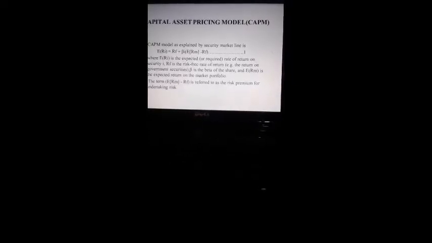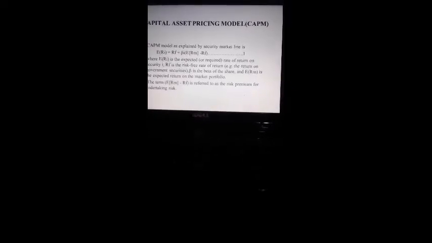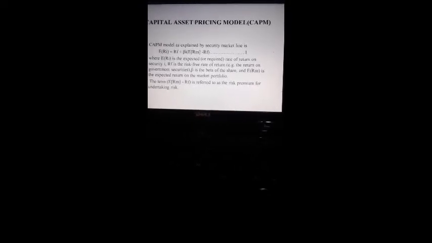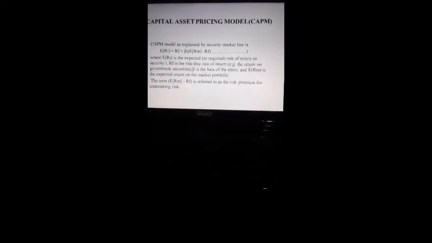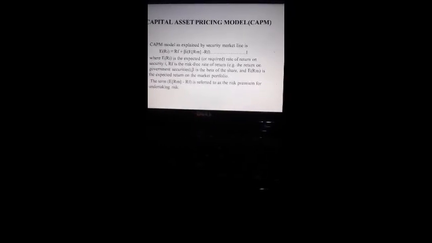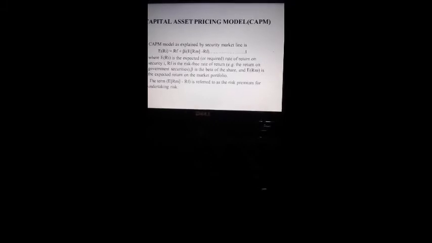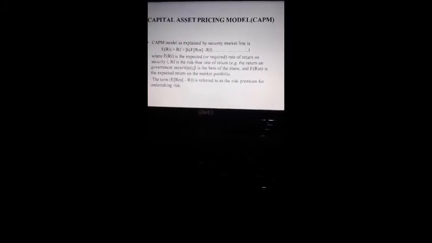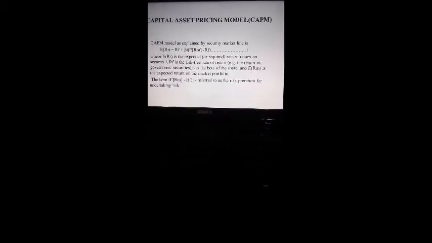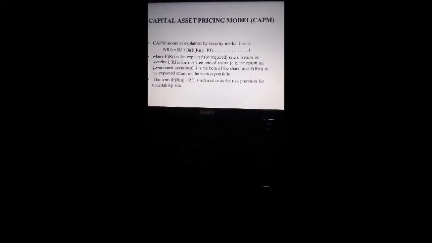And we have beta i, which is the beta of share i. We also have ERm, which is the expected return on the market portfolio. The term ERm minus Rf is referred to as the risk premium for undertaking risk. This is compensation to the investor for taking a risk.